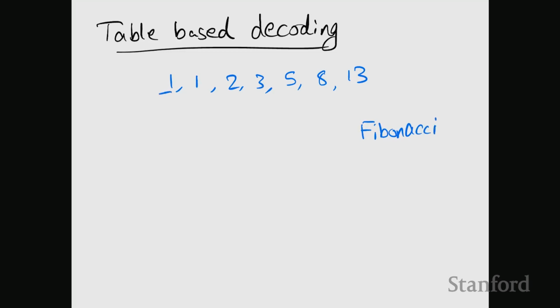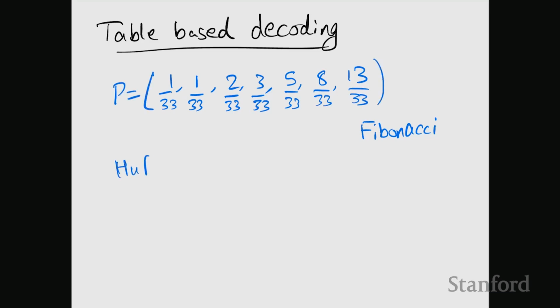What is the sum? So 1 plus 1 is 2, 2 plus 2 is 3, 4, 4 plus 3 is 7, 12, 20, 33, right? So we make this probability distribution. Just make the Huffman code for this at home.